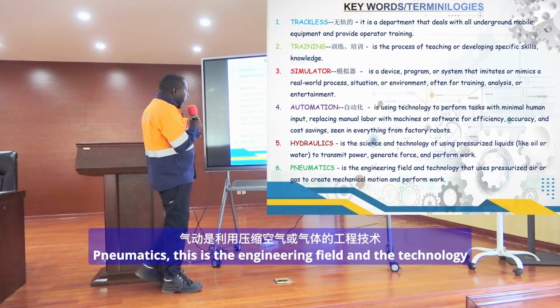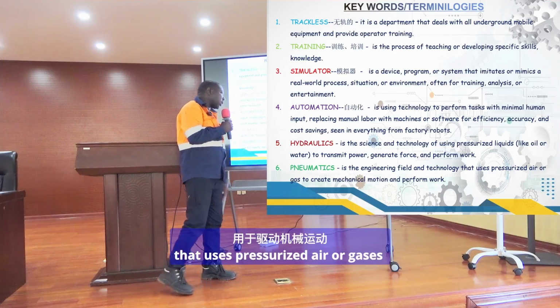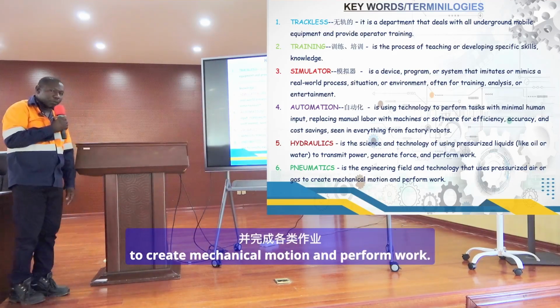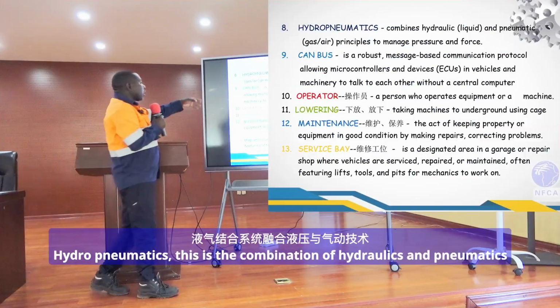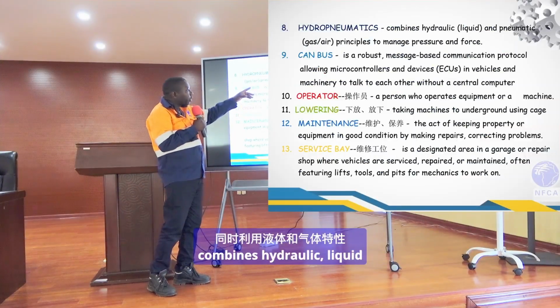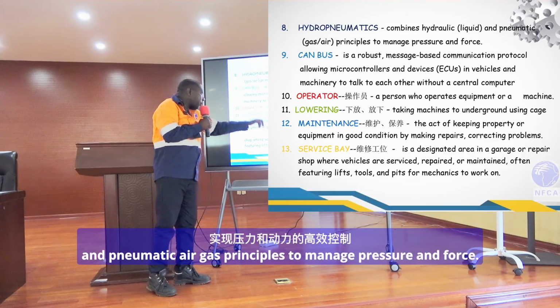Pneumatics, this is the engineering field and the technology that uses pressurized air or gases to create mechanical motion and perform work. Hydropneumatics, this is the combination of hydraulics and pneumatics. Combines hydraulic, liquid, and pneumatic, air gas principles to manage pressure and force.